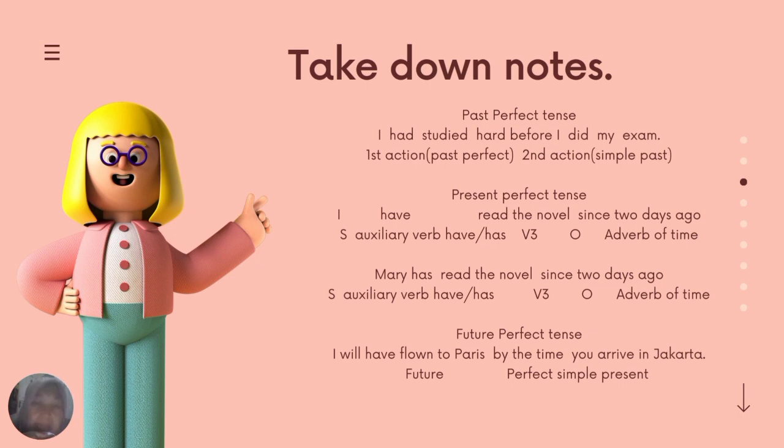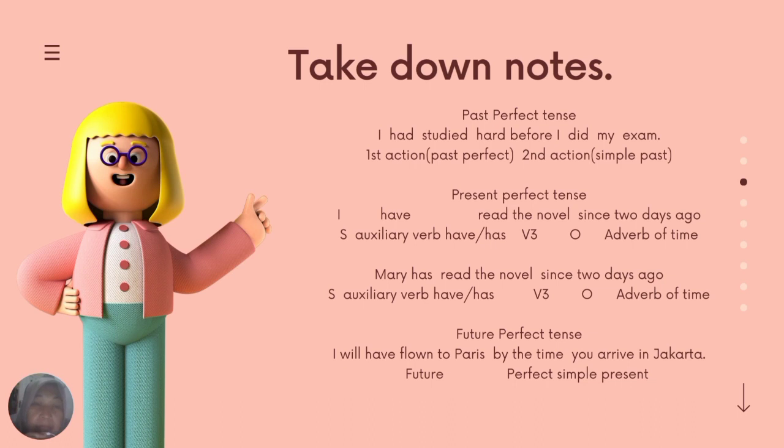Okay? Okay, now let's go on to the example for future perfect tense. It says, I will have flown to Paris by the time you arrive in Jakarta. Okay, if we divide it into two parts, there are small sentences here: future perfect and simple present.